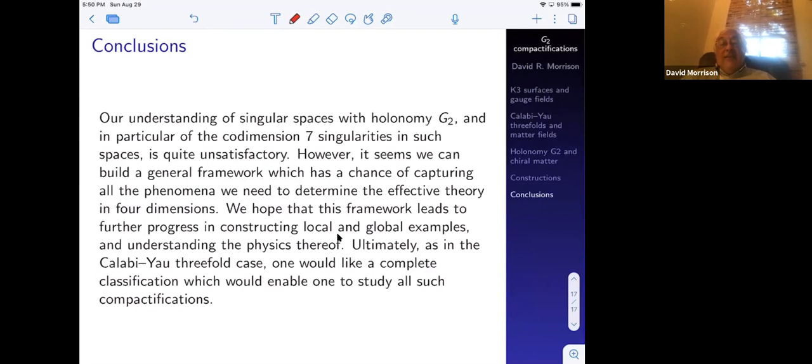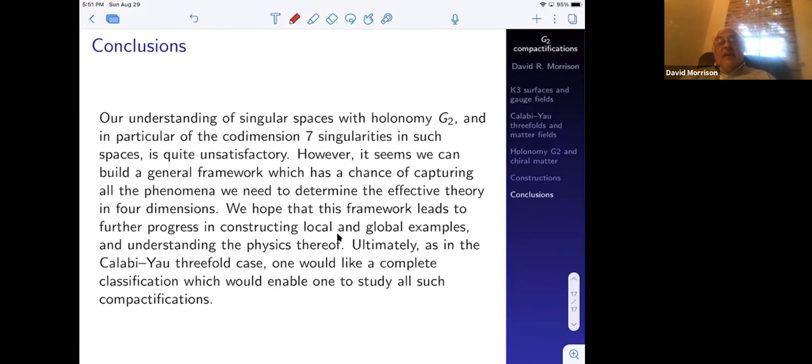So I would say that the phenomenological work, let me make a general comment. The general comment is that in the case of Calabi-Yau threefolds, when I see a singularity that I've identified in algebraic geometry, then I'm typically able to decouple the fields represented by algebraic functions that belong to the singularity from those that belong to the bulk.